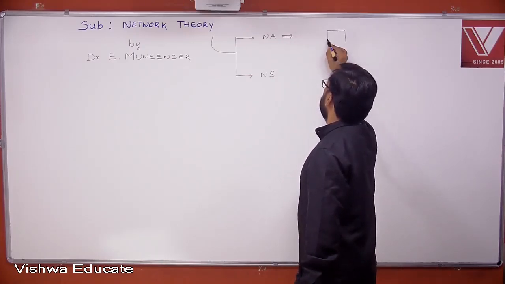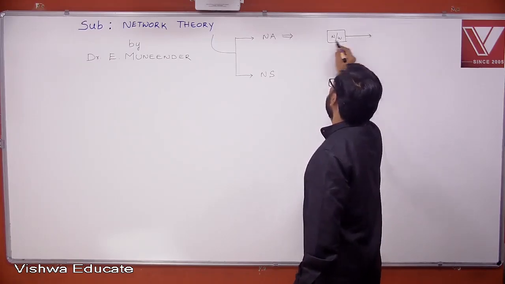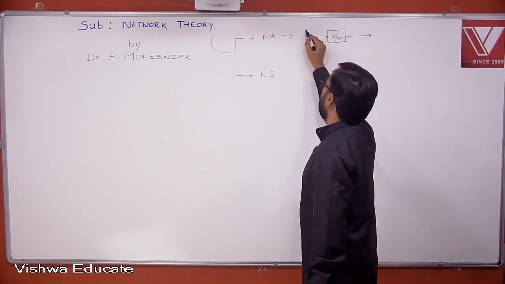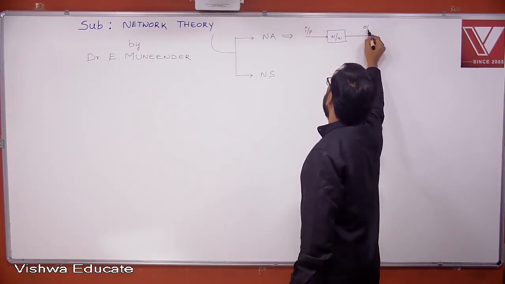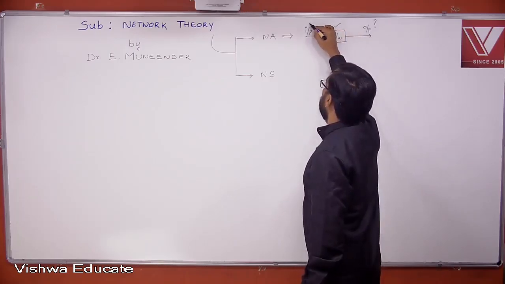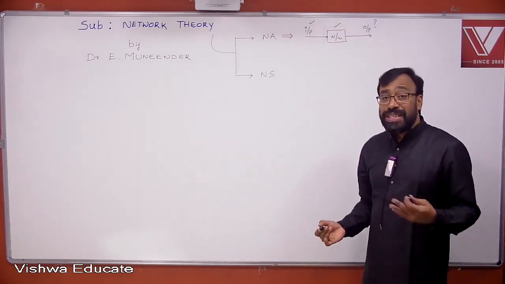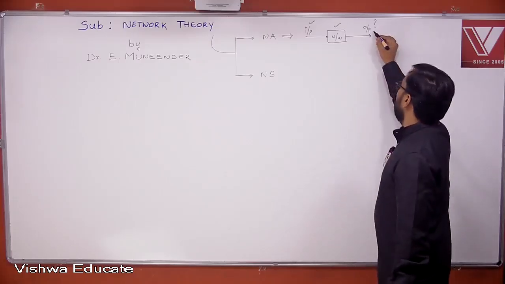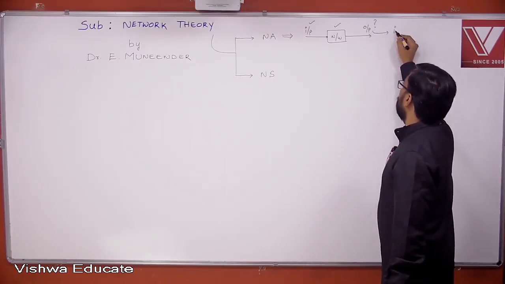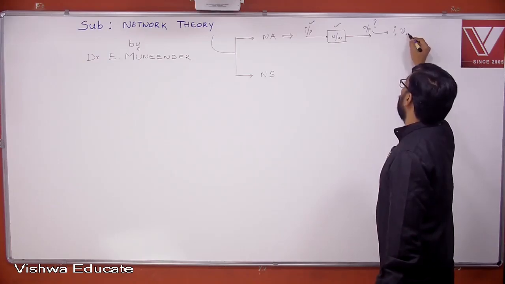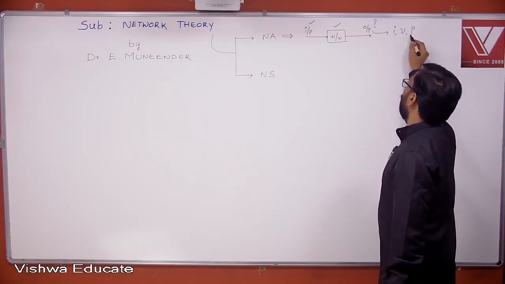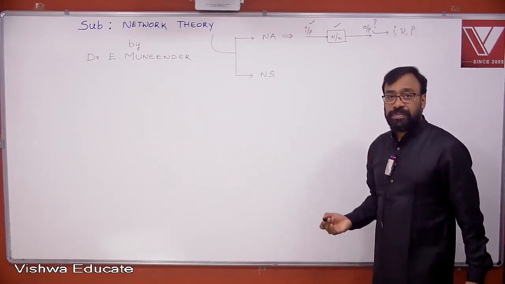A network is given, you are given an input also, and you are expected to find the output. But what is the output here? The output might be a current output or a voltage output. Once you know current or voltage, then obviously you know the power.